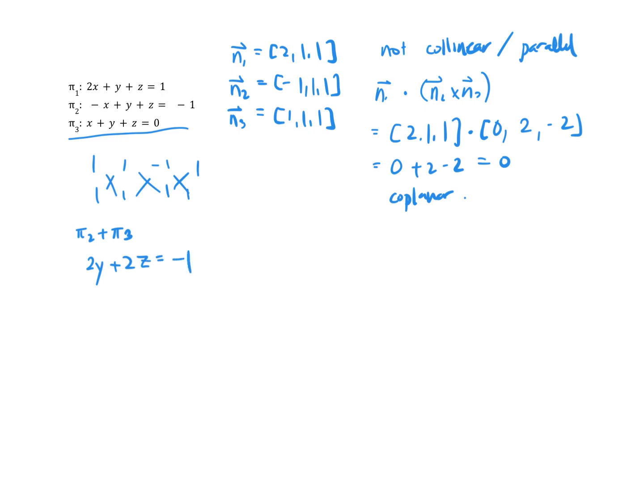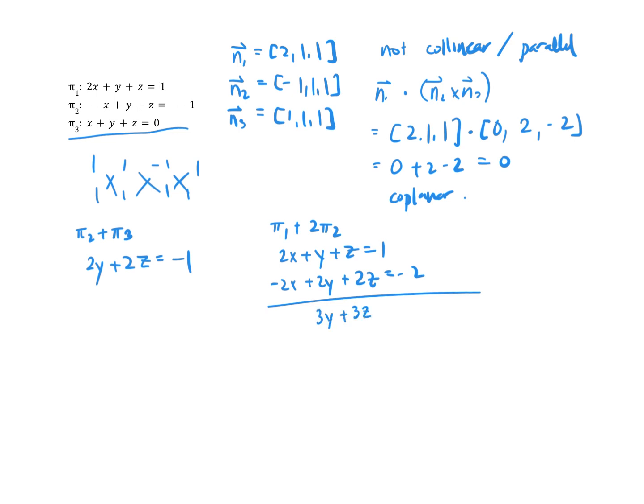And then I'll do plane 1, and I'll double plane 2 so I can add them. Okay, so 2x plus negative 2x is gone, y plus 2y, z plus 2z, 1 plus negative 2 is negative 1.